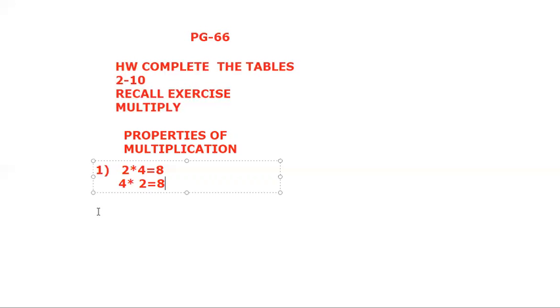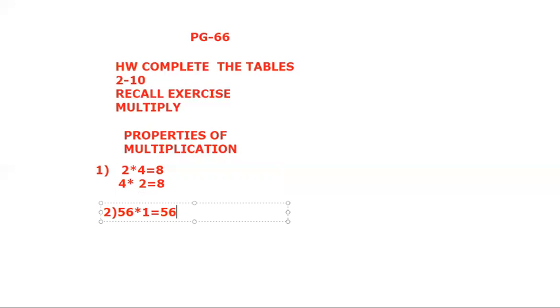Number 2. What's written in your book? The product of a number and 1 is the number itself. Any number, you can take 56. If you multiply this number with 1, the answer will always be the number.